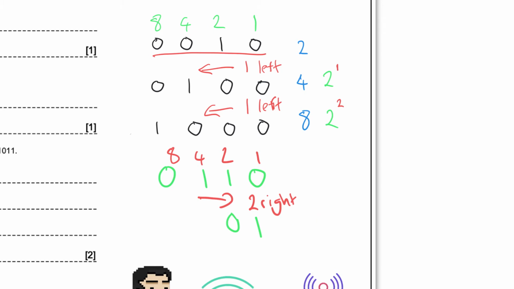So these two are being lost. And we pad again, like we did last time, with zeros. If we'd shifted it 1 to the right, it would have gone from 6 to 3, which is halving it. 2 to the right should be 1.5, but because we haven't got any halves or quarters, it's become 1.